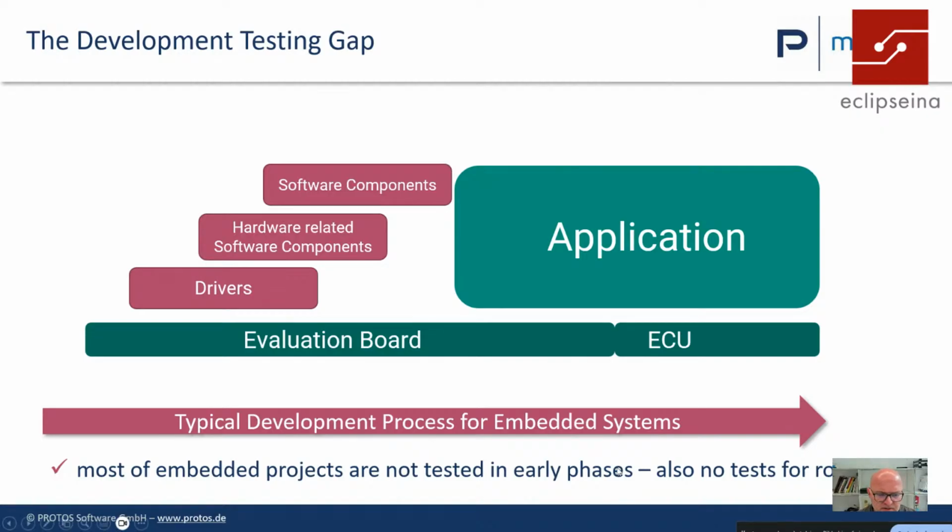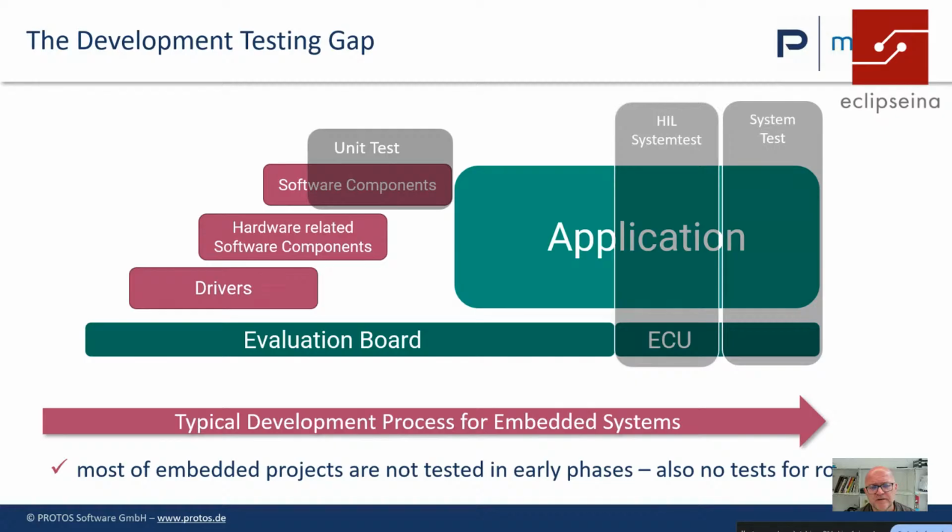So most embedded projects are not tested in early phases. And also they do not have tests for robustness. Robustness is a precondition for safety critical systems. So where do we test usually? Usually we have some unit tests for the pure software components, as I mentioned before, maybe not for all software components, like asynchronous concurrent components are harder to test with unit tests.